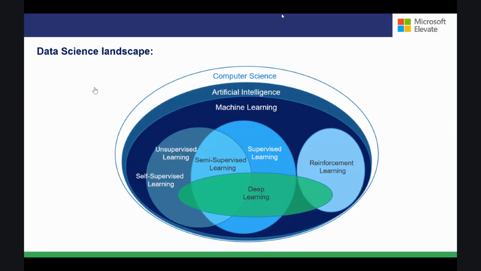So LLM stands in deep learning. Why? Because LLM uses neural networks, the multi-level perceptron. Okay, yes, Chirag. So all this we will cover.